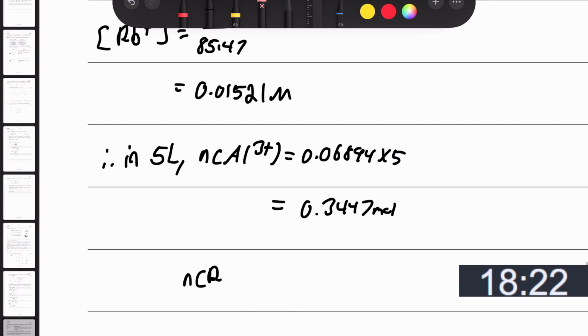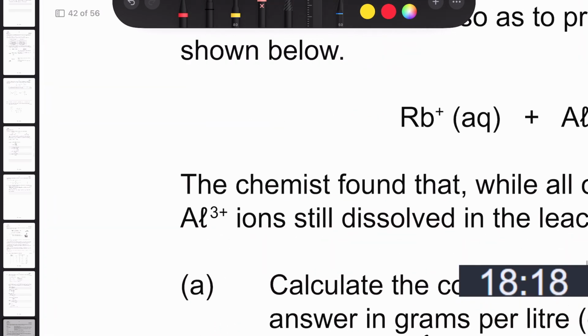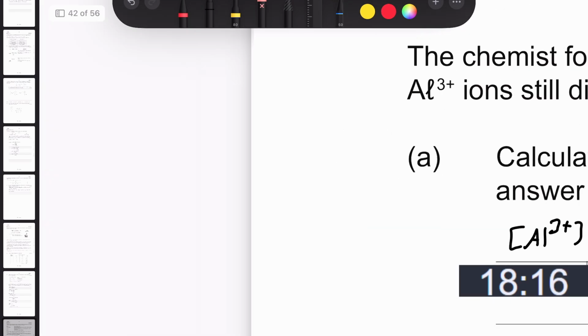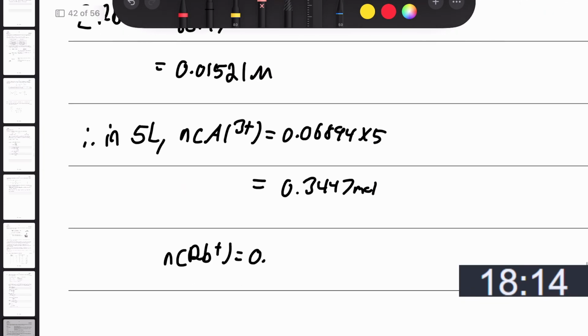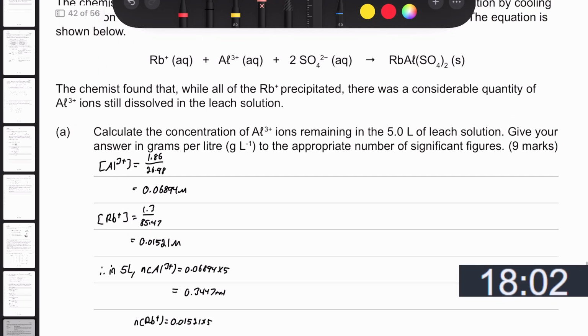And the number of moles of Rb plus is equal to 0.01521 times 5, which is 0.07605 moles.